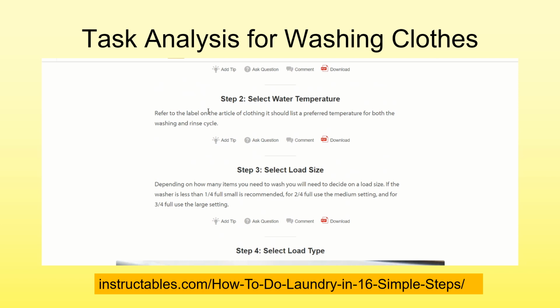Now the challenge here is, as the website suggests, refer to the label on the clothing. But what happens when you find one article says cool, and one article says warm, and one article says hot water? Now this makes a lot of difference, because you could run about 10 loads, and maybe you could run only 2, depending on how you interpret all of these data. So again, many sub-steps could be involved here.